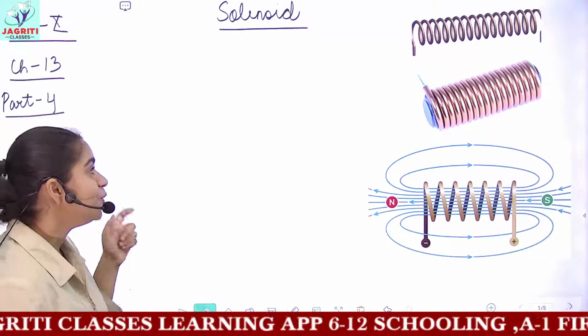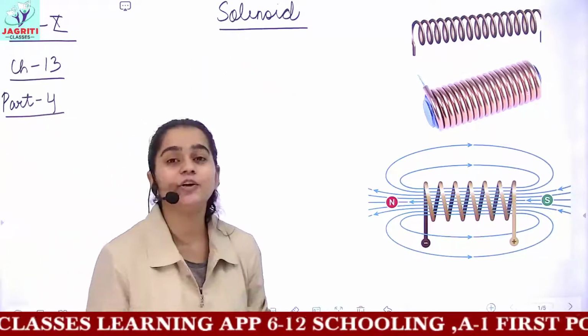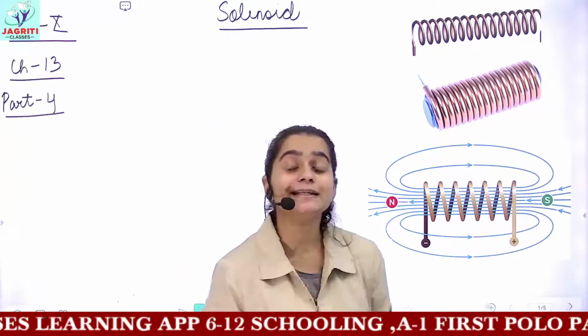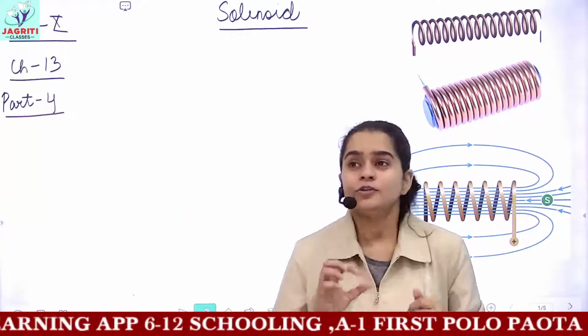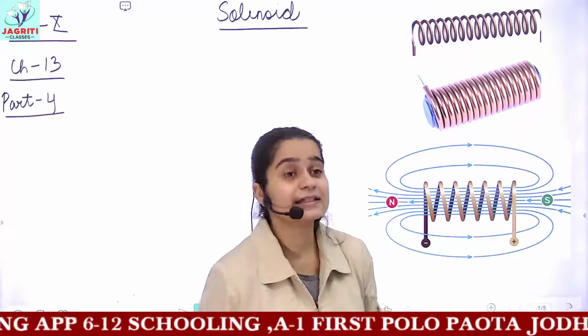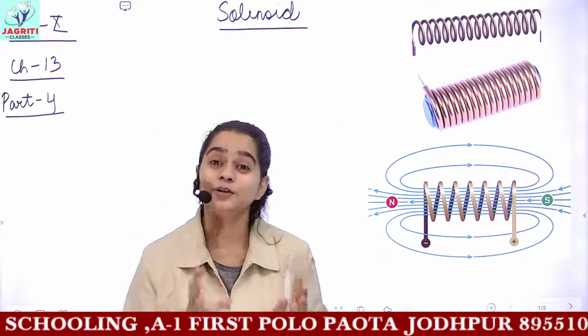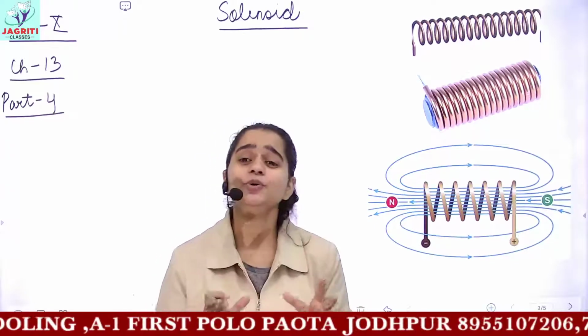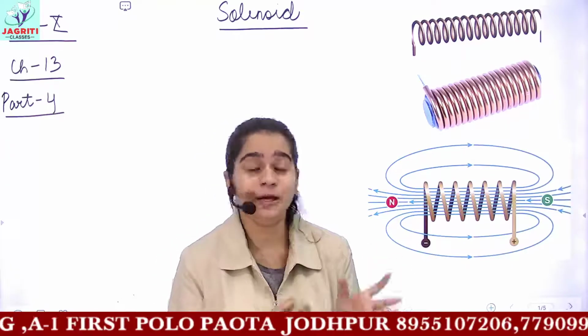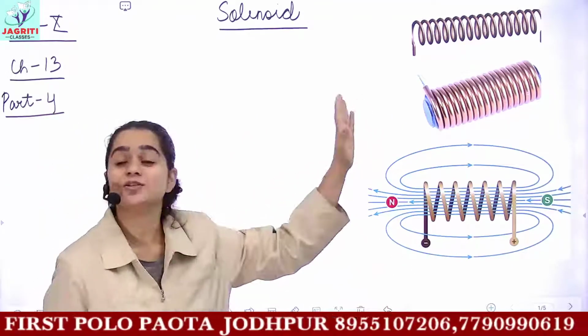In the previous video lecture, we did what you understand by solenoid. Before it, we discussed a great deal about current carried by a circular loop. If you know the current carried by a circular loop, then you will easily explain what a solenoid is.